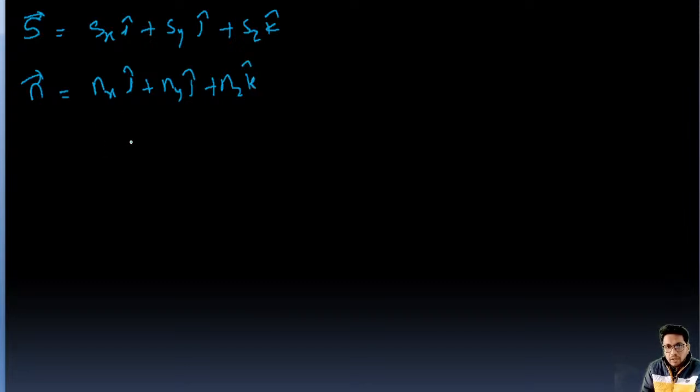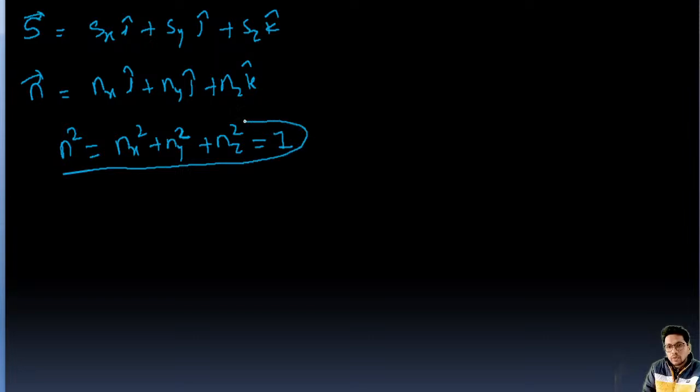Now, because nx, ny, nz are direction cosines, there is a property: if we take the mod square, n square equals nx square plus ny square plus nz square, which is equal to 1. So note down, guys, if direction cosines are given, the sum of their squares is 1, that is nx square plus ny square plus nz square equals 1.